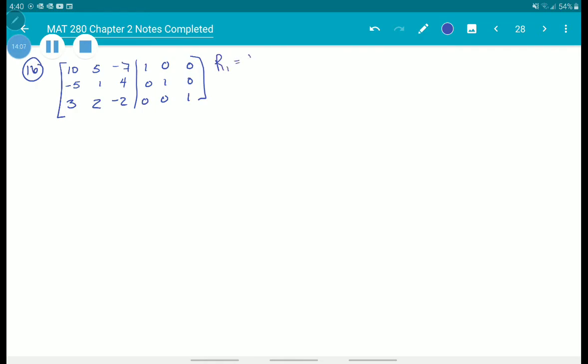So row 1, I'm going to replace it with 1/10 row 1. So we're going to have 1, 5 over 10, which is 1/2, -7 over 10, 1 over 10, 0, 0. Everything else stays the same.